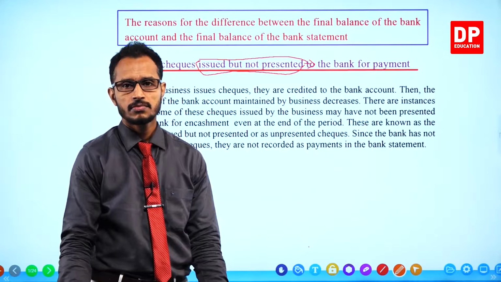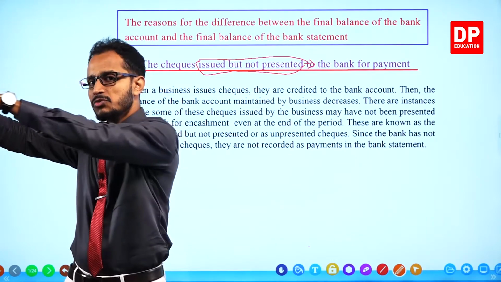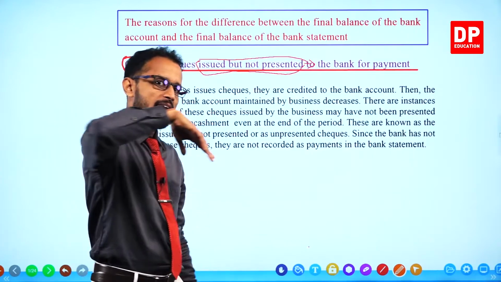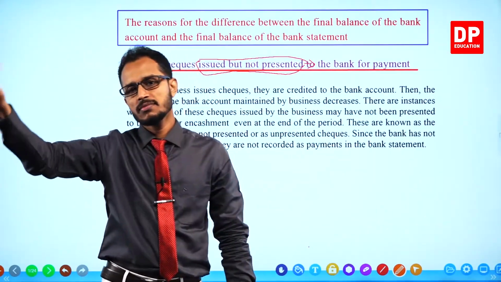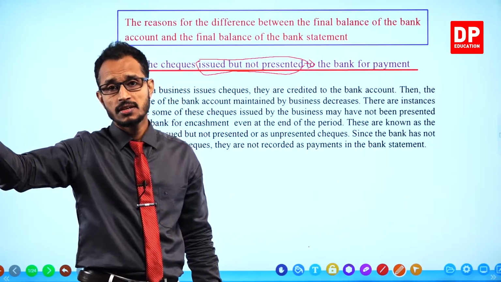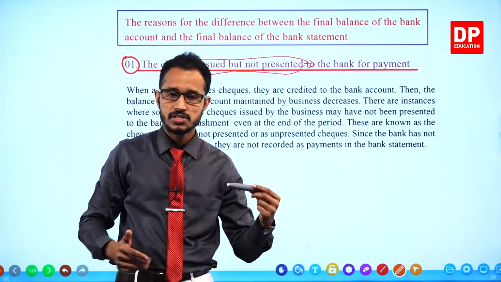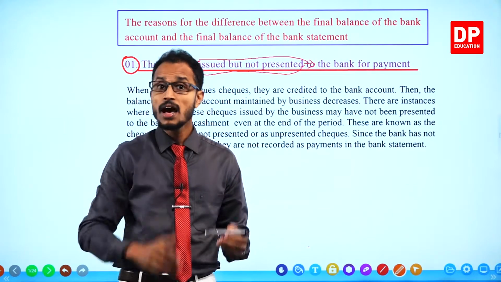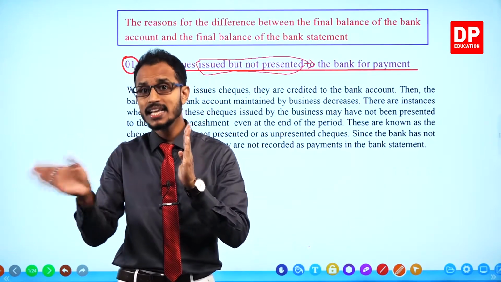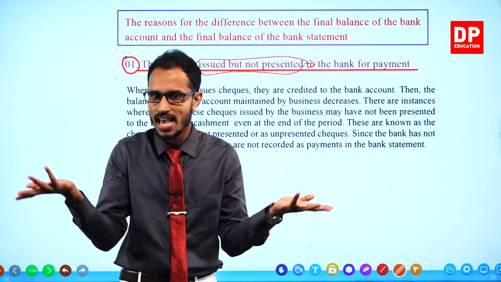If they take all the checks that we issued to their banks, and the money is transferred, the checks are encashed, the bank account balance will decrease. Then the entry we made on the credit side in our bank book is correct, because the bank balance has actually decreased.